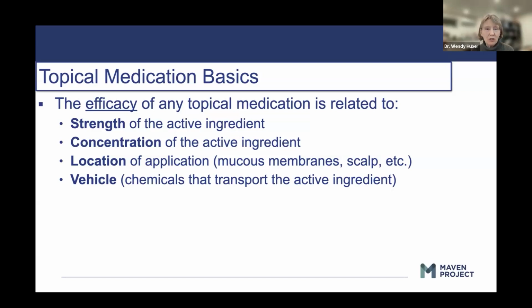But if that dermatitis was now on the palm of the hand, where the skin is very, very thick, the stratum corneum, the outer layer, is one of the thickest areas on the palm and the sole. So 1% hydrocortisone would not be effective. It wouldn't be able to penetrate in sufficient concentration and potency to stop the inflammation on the palm. So you'd have to select a different product.